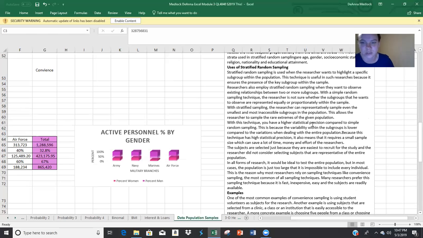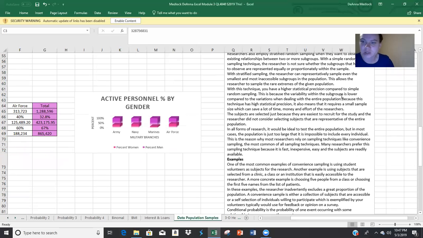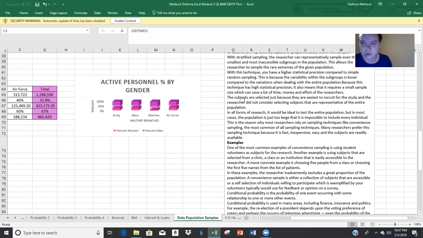This allows the researcher to sample the rare extremes of the given population. With this technique, you have a higher statistical precision compared to the variations when dealing with the entire population. Because this technique has high statistical precision, it also requires a smaller sample size, which can save a lot of time, money, and effort for the researchers.